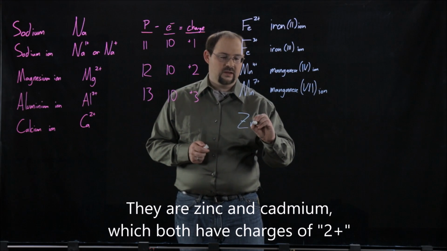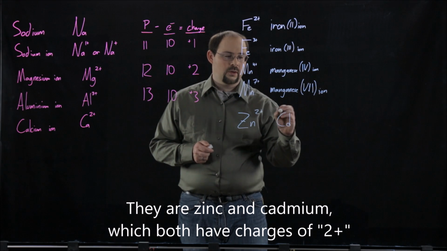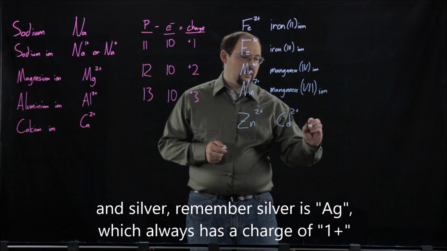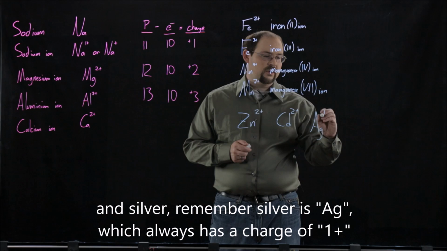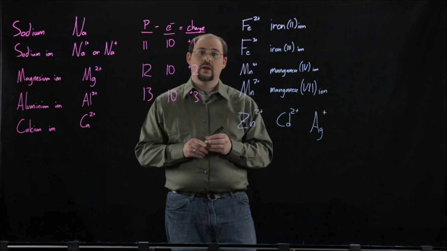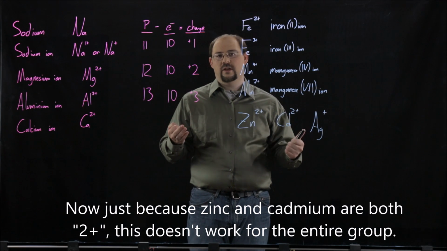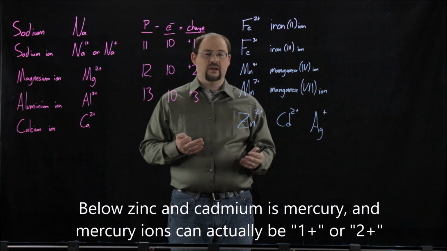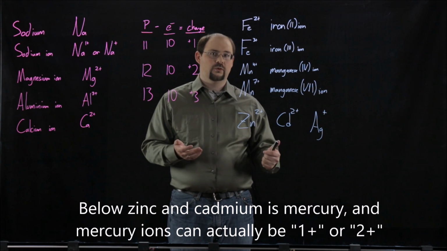They are zinc and cadmium, which both have charges of 2+, and silver. Remember, silver is Ag, which always has a charge of 1+. Now, just because zinc and cadmium are 2+, this doesn't work for the entire group. Below zinc and cadmium is mercury, and mercury ions can actually be 1+ or 2+.